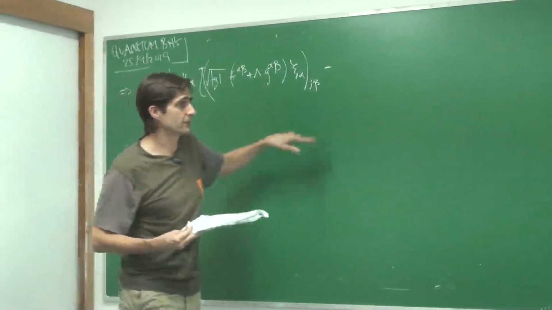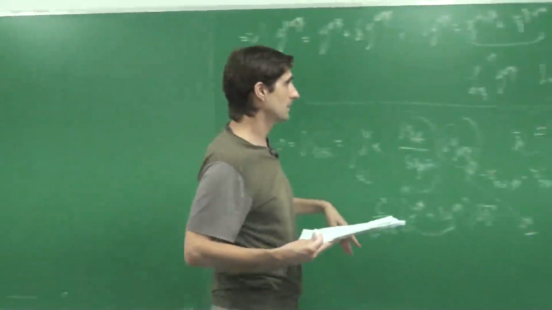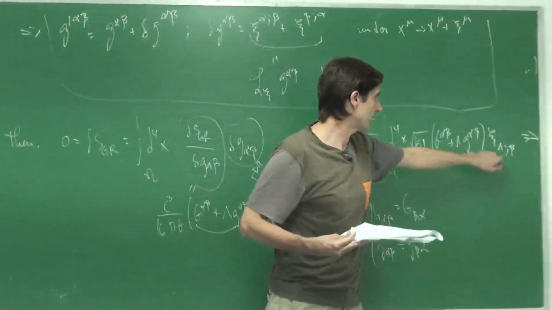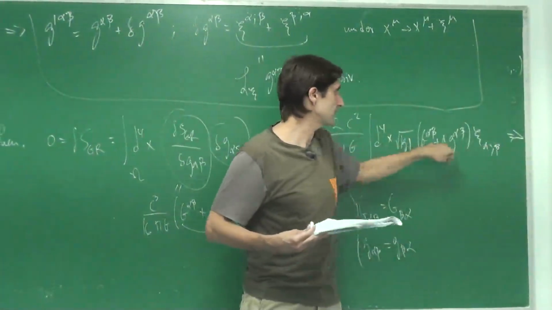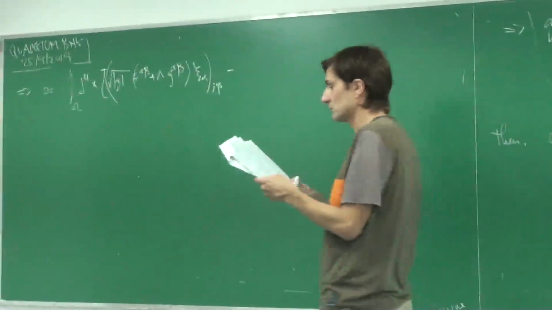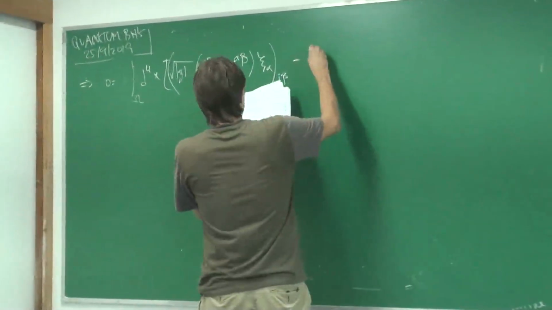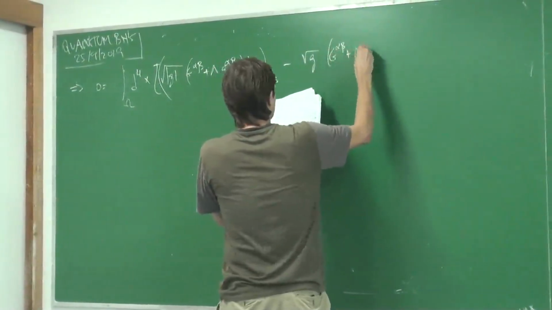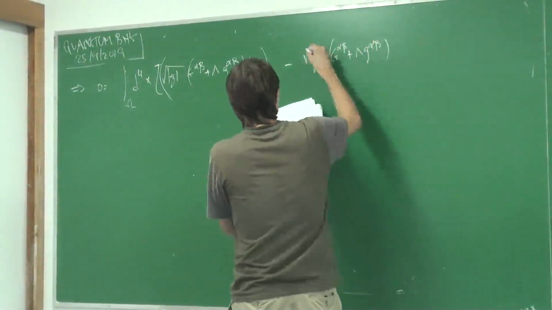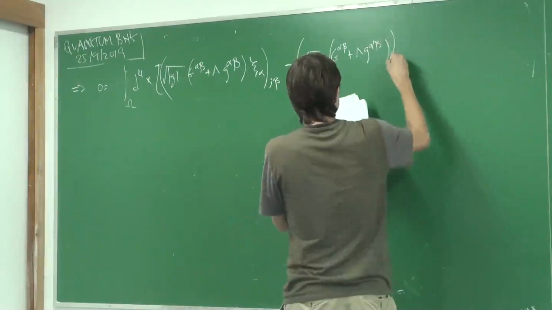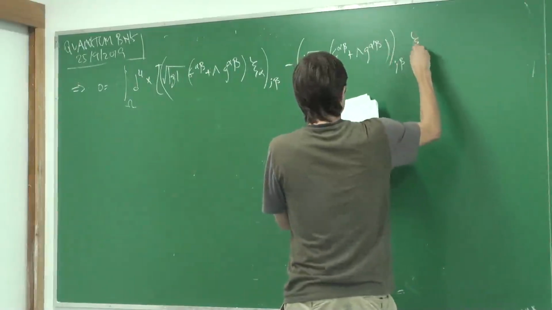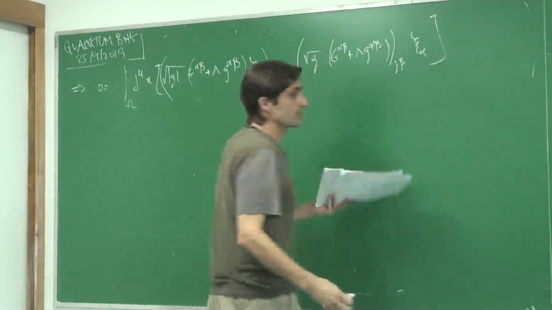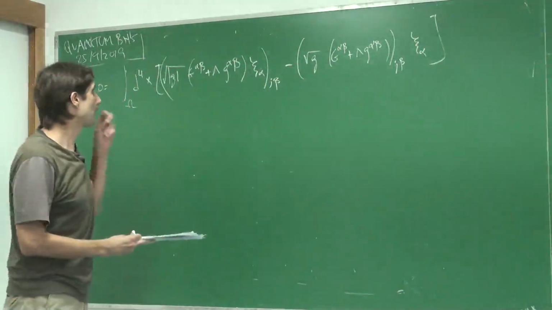But of course I've added an extra thing here. I only have the covariant derivative of xi, I don't have the covariant derivative of the first term, so I have to subtract that. Okay, so this is just an identity.